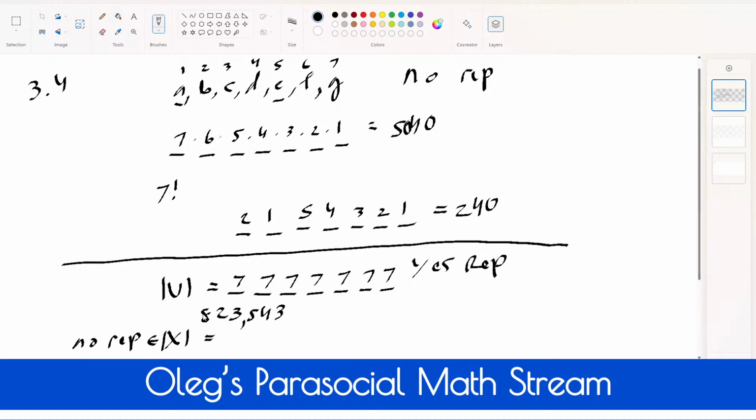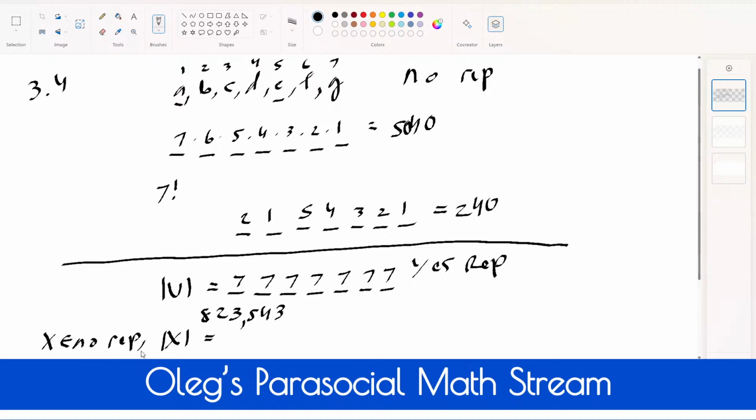So now what we're doing is, okay, well, actually, let's go to this. Set x contains no rep. And then I'm just going to clean my language a little bit here. There we go, comma. All right, and then the cardinality of x, the size of it.